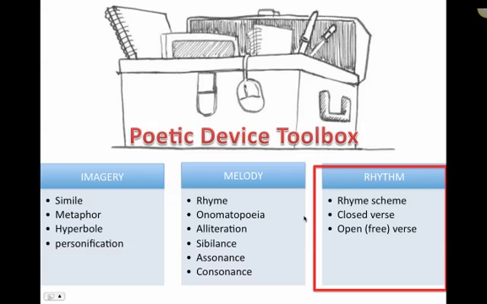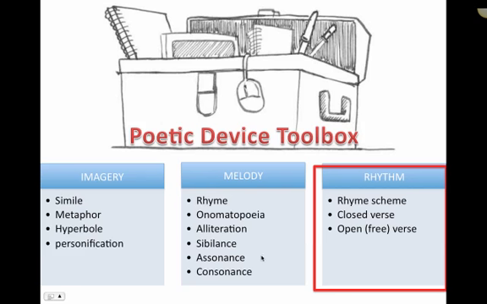All right. So that's it for the Poetic Toolbox, at least in terms of what we're going to be studying. You have the imagery section of the toolbox, which are things how you imagine them, how the poet wants you to imagine things or envision things.